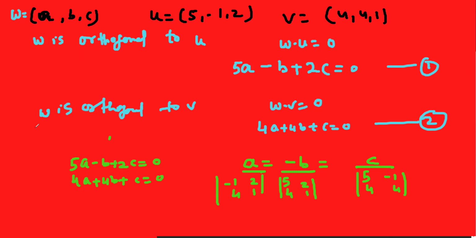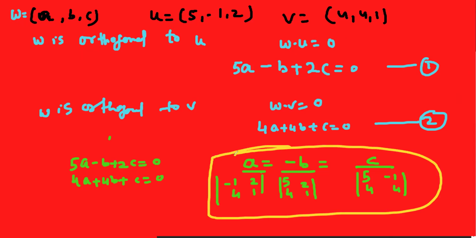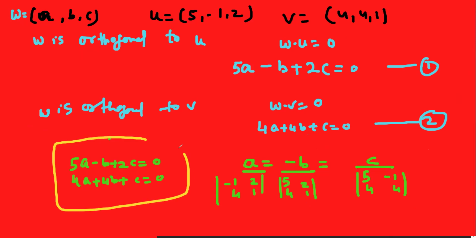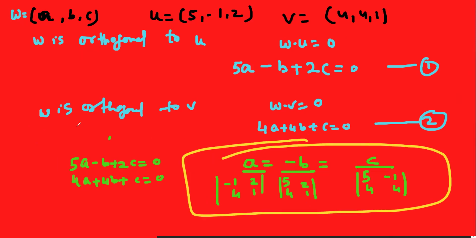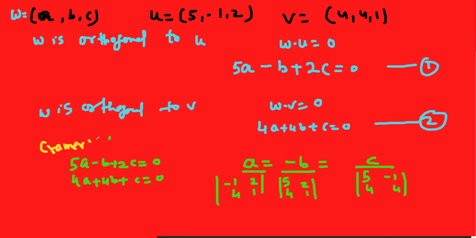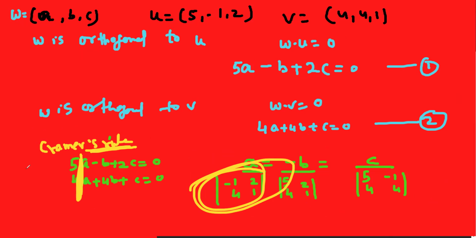How do you know? This is called Cramer's rule. Whenever you have two equations with three unknowns, you can solve using Cramer's rule. Just for finding A, hide the value of A and write the determinant here.